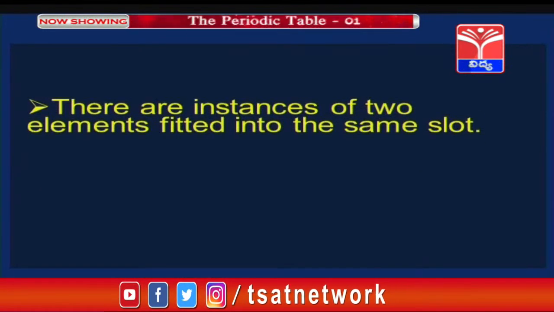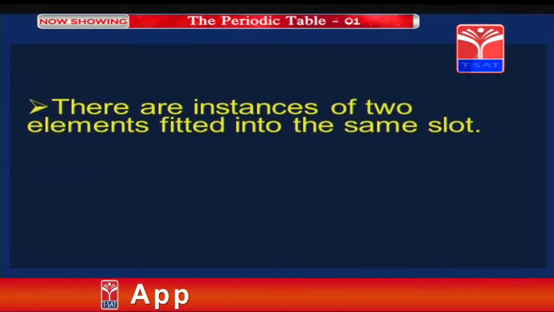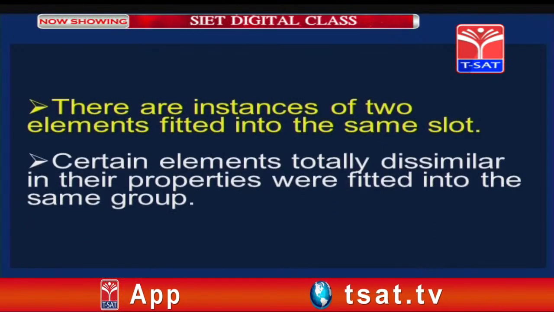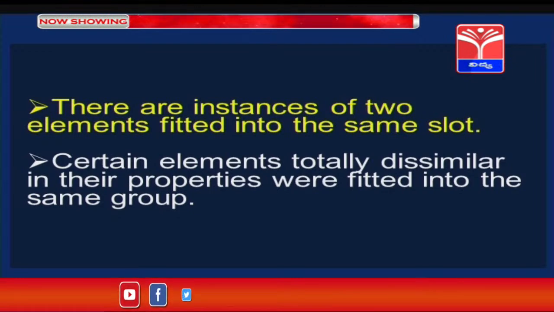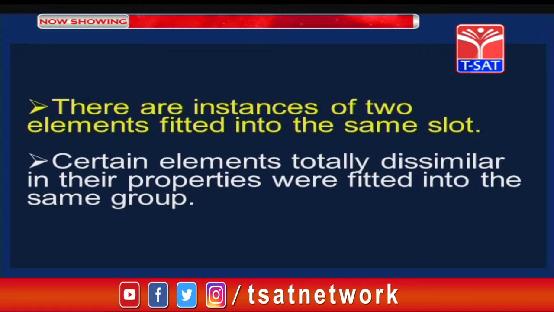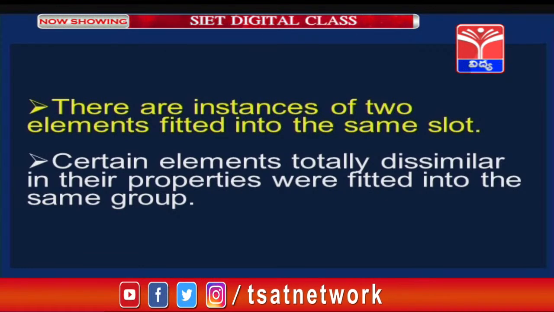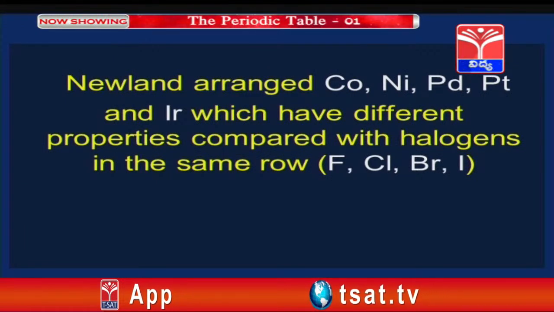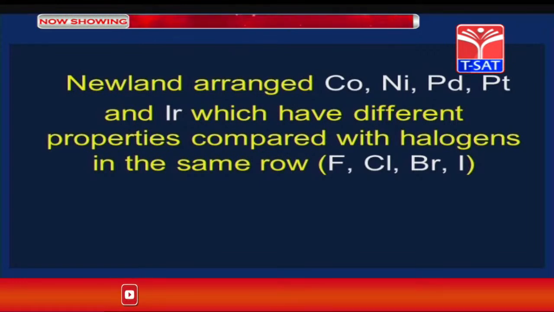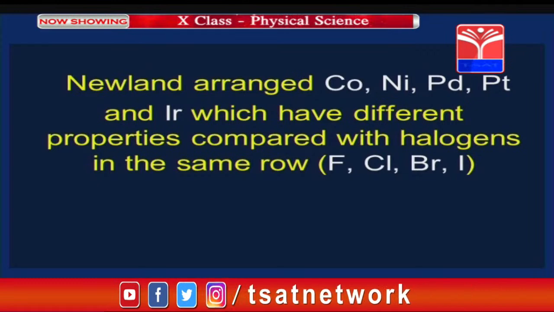Now, we will study the limitations of Newland's law of octaves once again. There are instances of 2 elements fitted into the same slot. Certain elements totally dissimilar in their properties were fitted into the same group. Newland arranged cobalt, nickel, palladium, platinum and iridium, which have different properties compared with the halogens, in the same row as fluorine, chlorine, bromine and iodine.